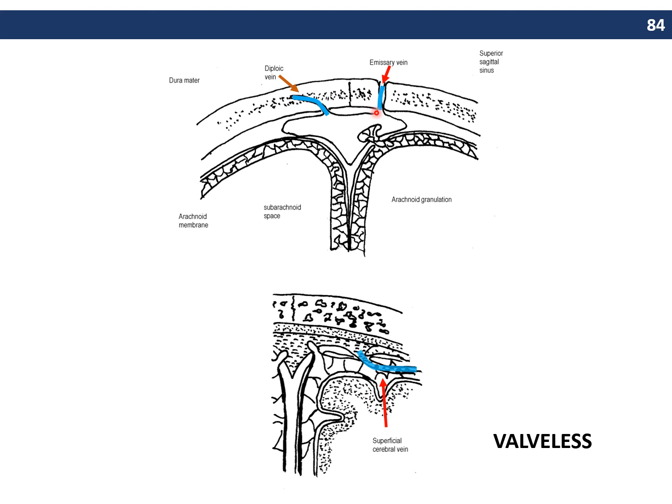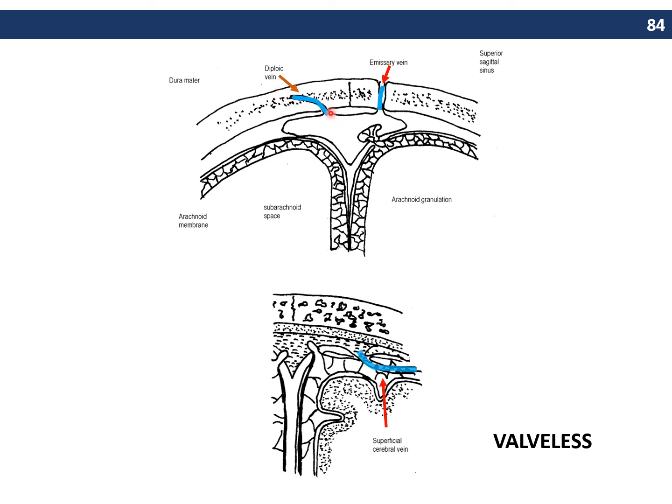Recall that the emissary veins connect the superior sagittal sinus with the external portion of the scalp. Scalp infections can be transmitted through these valveless emissary veins to the dural sinuses within the cranial vault.